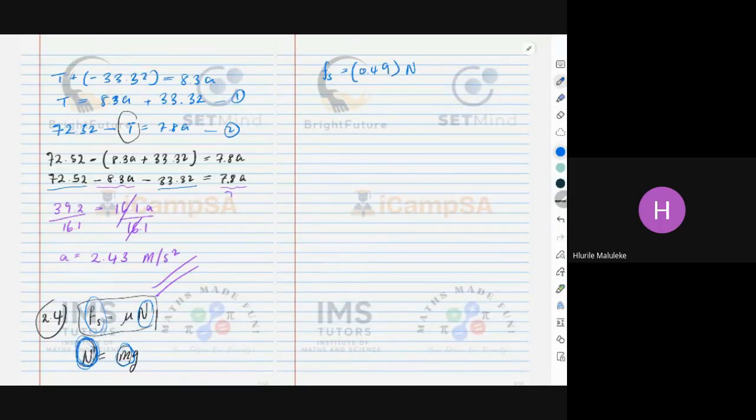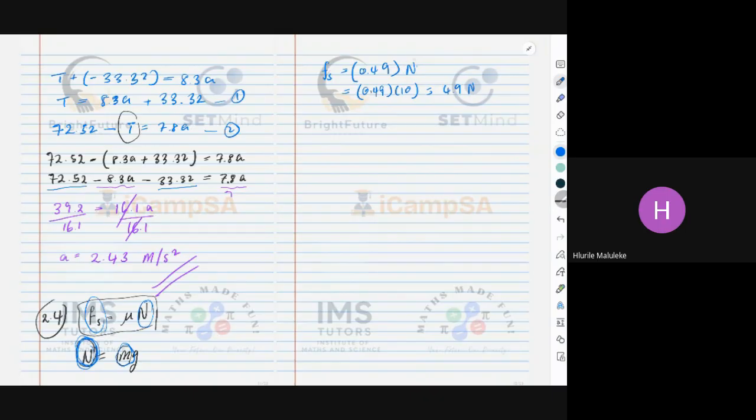And if the normal force is increased, let's start with normal force at 10. 0.49 times 10, that is 4.9 newtons.